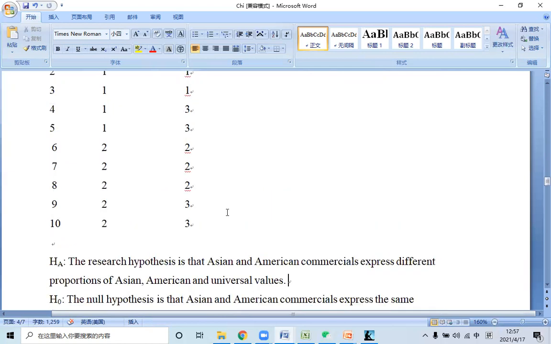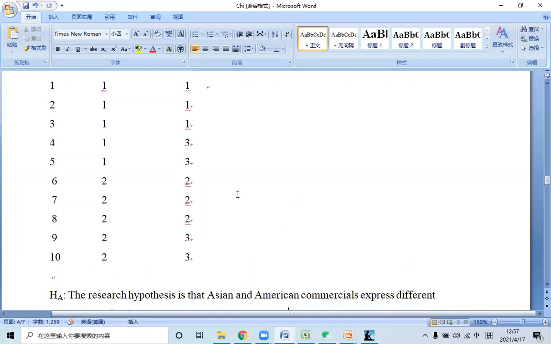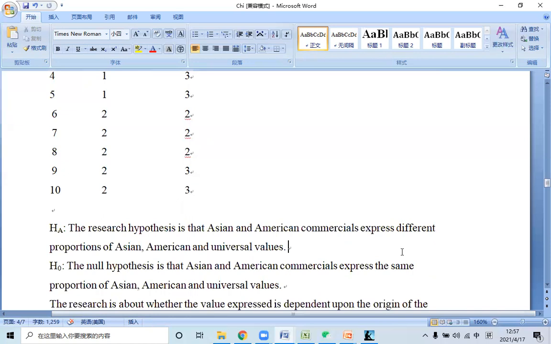In other words, the proportion of values would be dependent on the origin. The proportion of individualistic versus collectivistic versus universal values would depend on where the commercials come from. If it comes from America, it would have a higher proportion of American values, individualism. That's the research hypothesis.